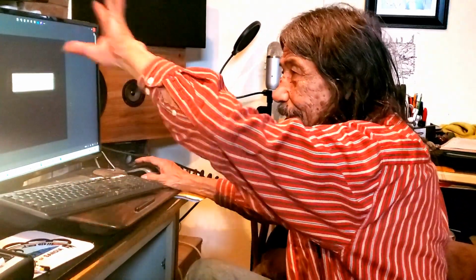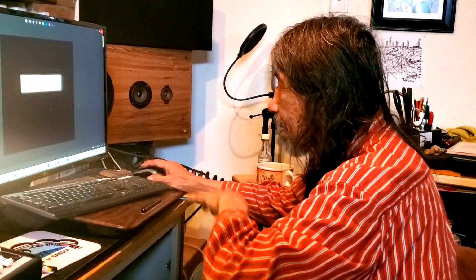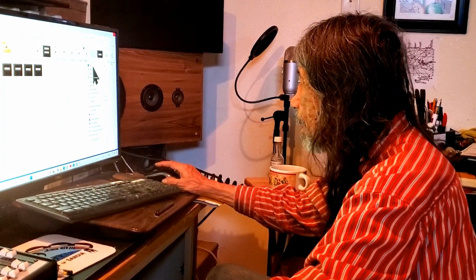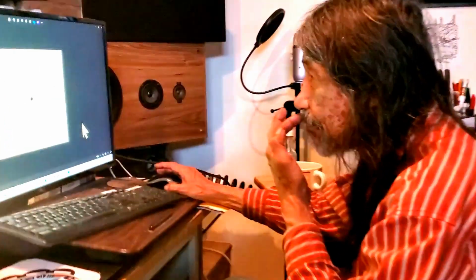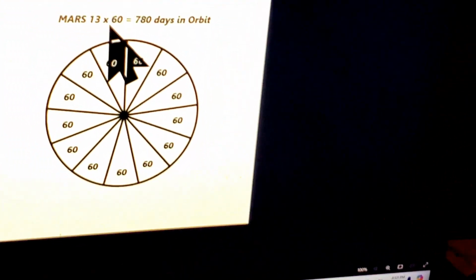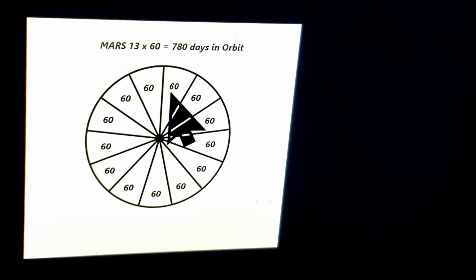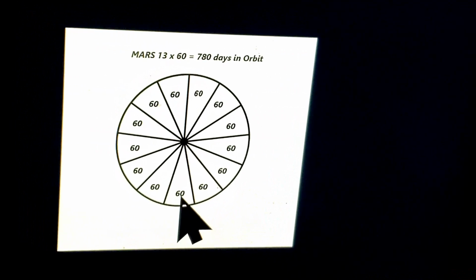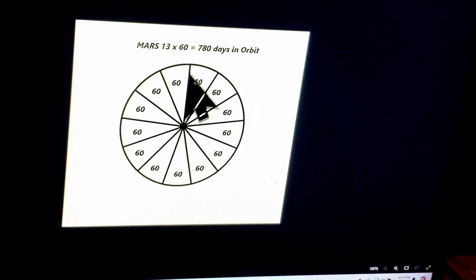So now that you've got an example of the inner planets and how they work, I'm going to show you the last one for pi, for Mars, and then I'll show you another chart. This is Mars again. There's that 13 times 60 equals 780 days in an orbit. See? 60, 60, 60, 13 times, back to itself.